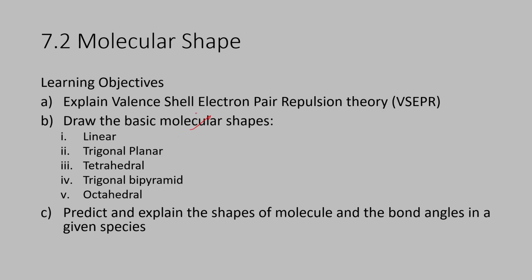And then kita akan belajar pasal draw the basic molecular shape. And then kita akan predict and explain the shape of the molecules. Okay, kita tengok macam mana kita nak draw properly. And then macam mana kita nak predict kalau dia ada lone pairs, ada distortion.